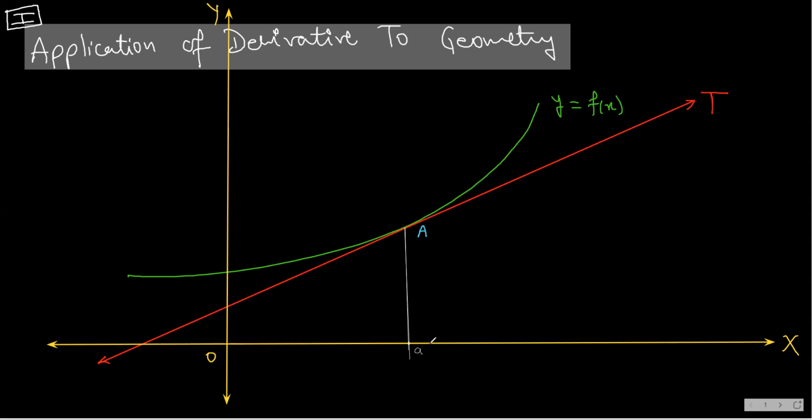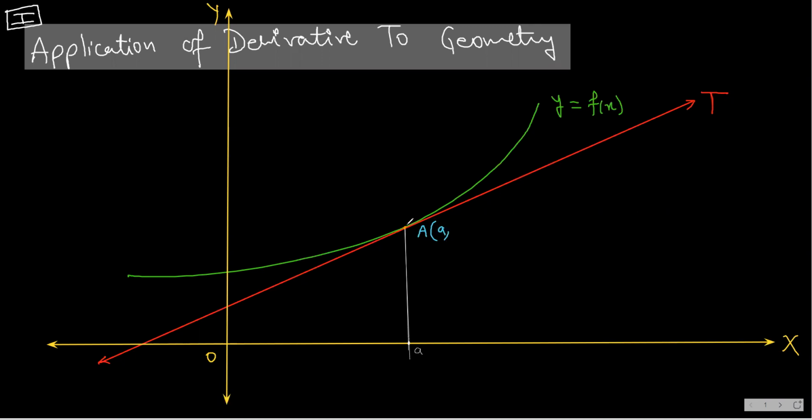Small a is a number. Point A, which you have on the curve and on the line, is common to both. It is on the line and on the curve. The x coordinate of this point A will be a.